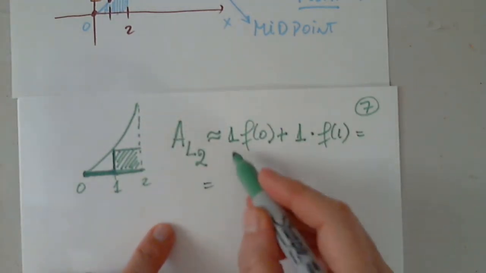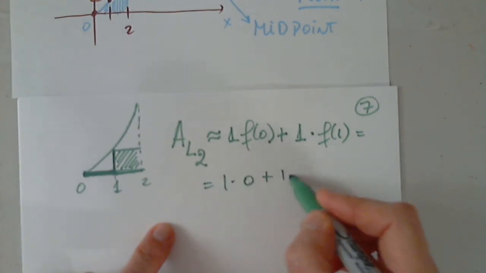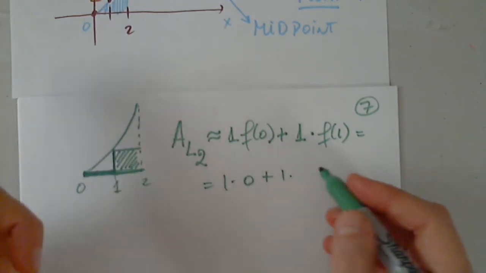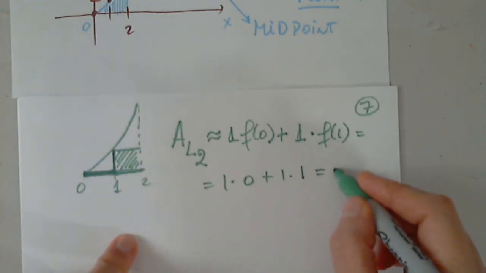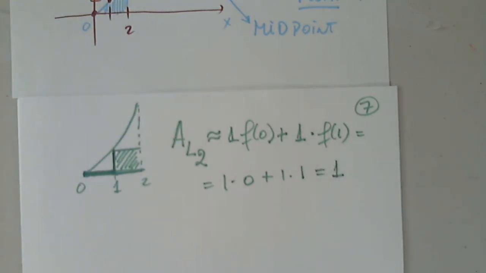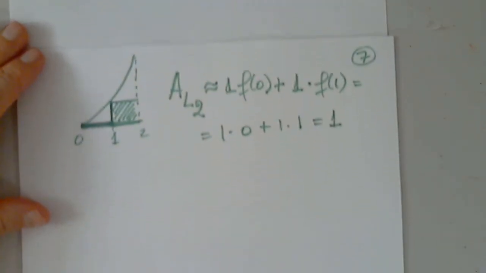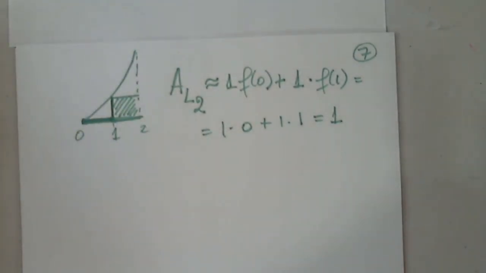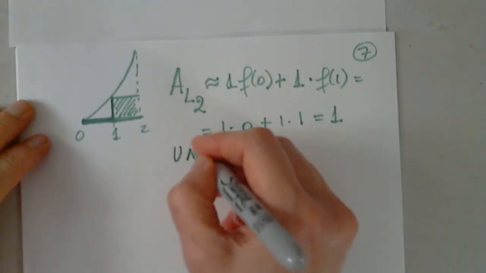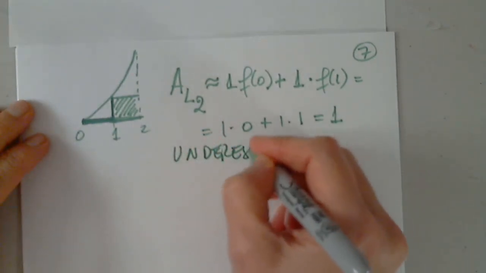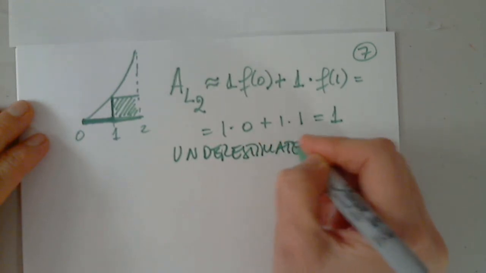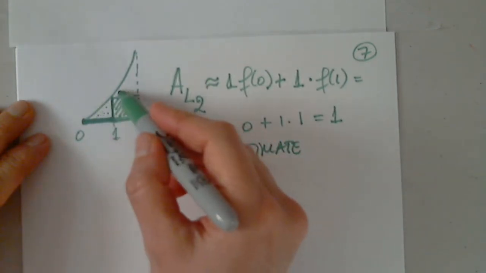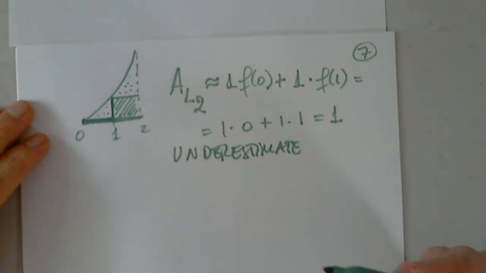Because f of 0 is 0, 1 times 0 plus 1 times f of 1, which I know is 1, so I get 1. This is the approximate area. Is this an overestimate or an underestimate? Huge underestimate, because look at how much I'm missing.